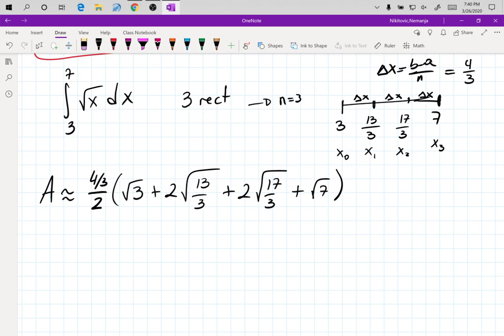So what is T3 in this case? Well, area is approximated by T3, which is 2/3 times, and now you put all of this into your calculator. So we have a square root of 3. Don't forget to close parentheses. If you're plugging all of this in one shot, like I am, make sure you close parentheses after every number you type in for the square root.